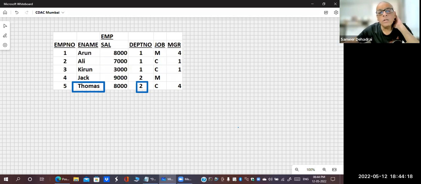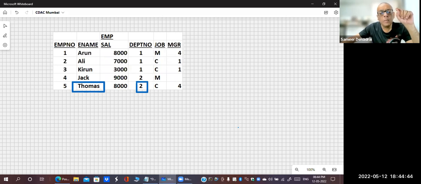We want to see all the rows, same department number as Thomas. Show me all the rows, same department number as Thomas. Understood the question, Akshay? So first, we need to find out what is the department number of Thomas.